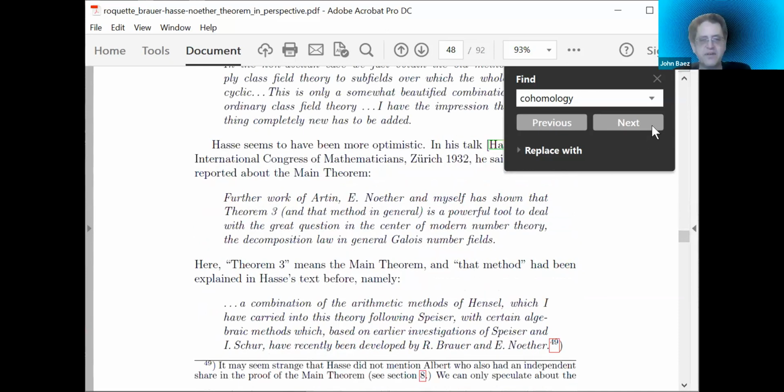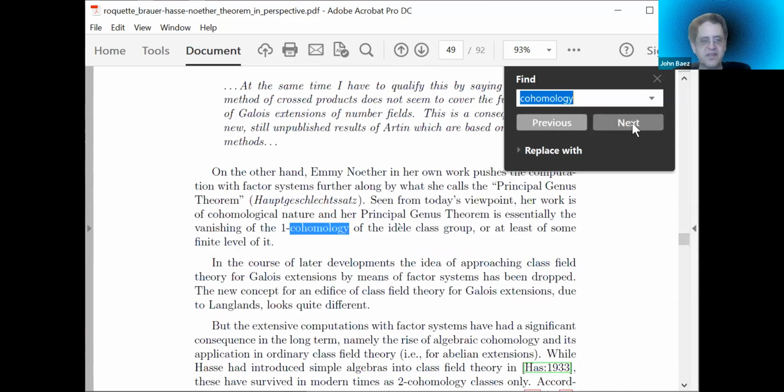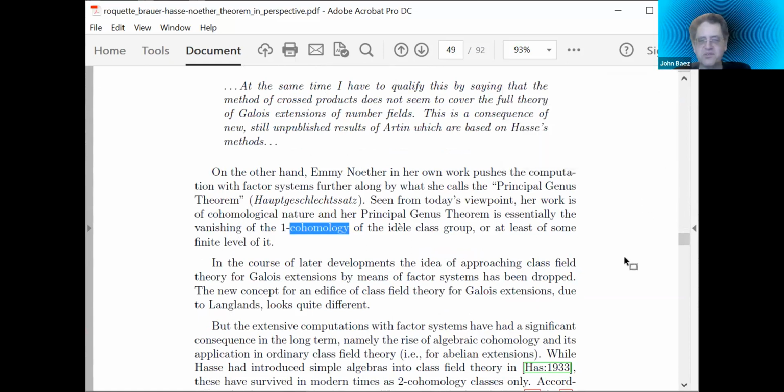We've said repeatedly that cohomology is often used as a tool when you could use category theory and understand things more thoroughly.